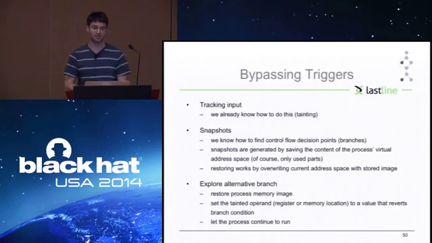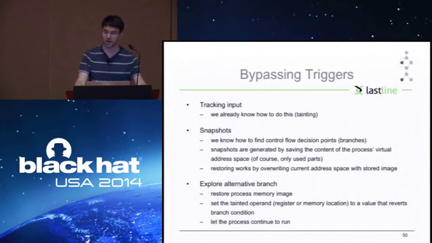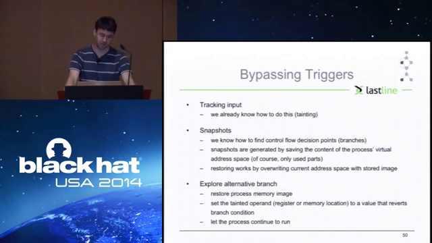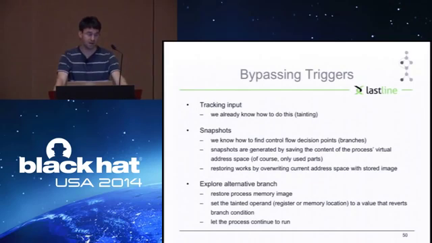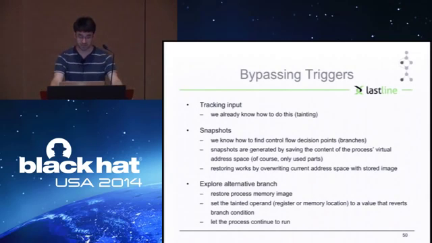So just to give you a few ideas about this, we already know how to track input. If we have this deep visibility into the process, we can basically track every instruction, so we can see if the program moves around data or operates on data. We can, of course, take snapshots. We have full visibility into the memory and into the execution state, so we can just save the content of the virtual address space, and if we want, we can restore it by overwriting it back.